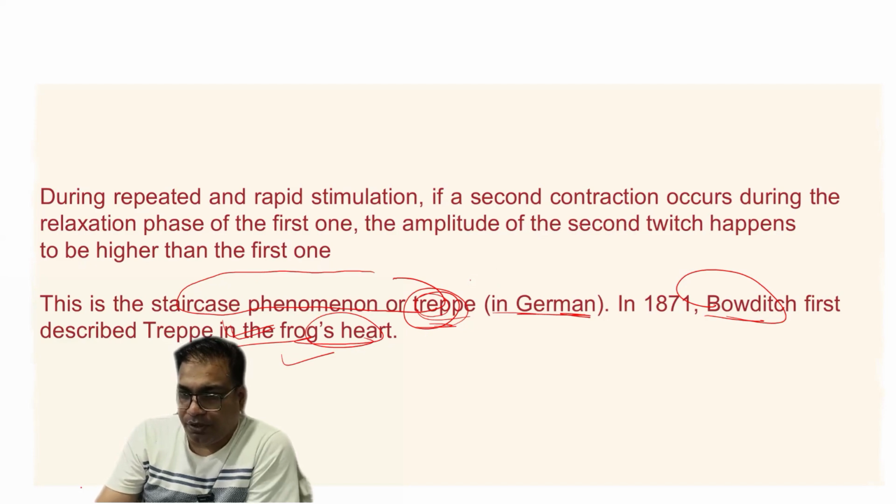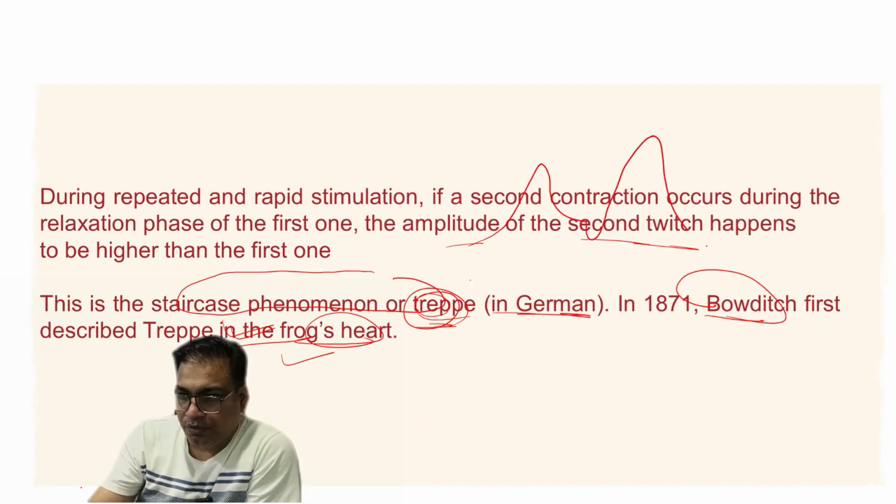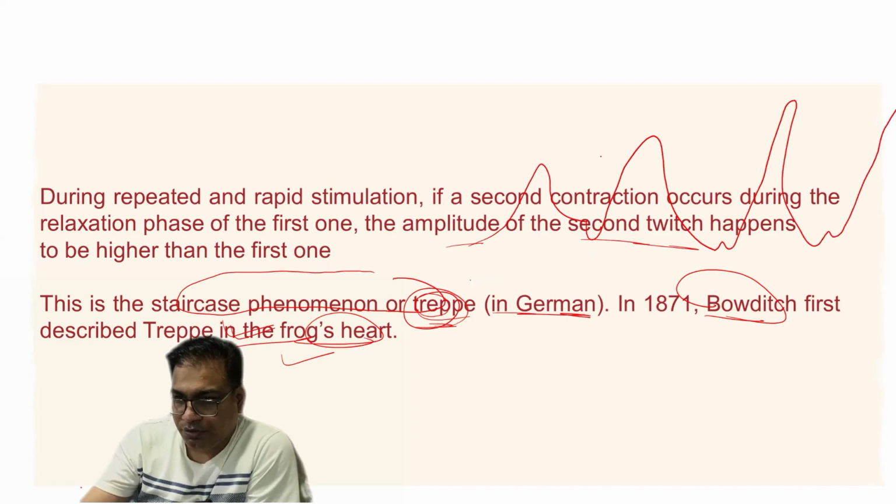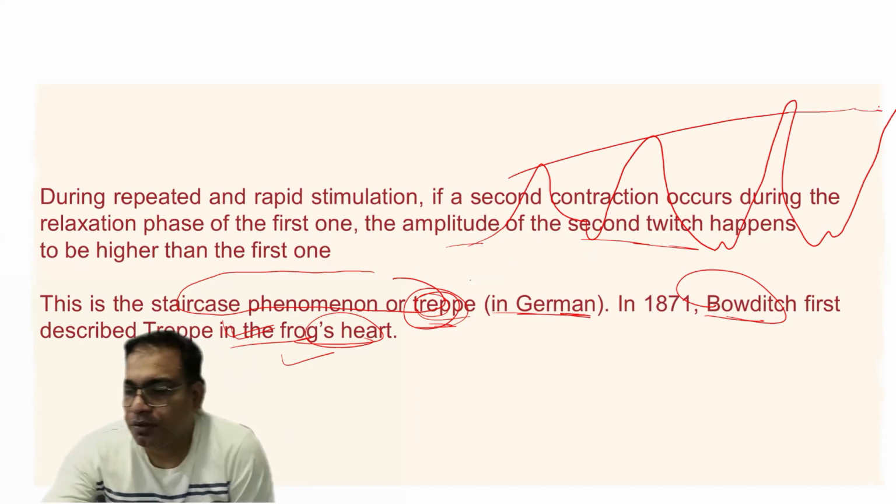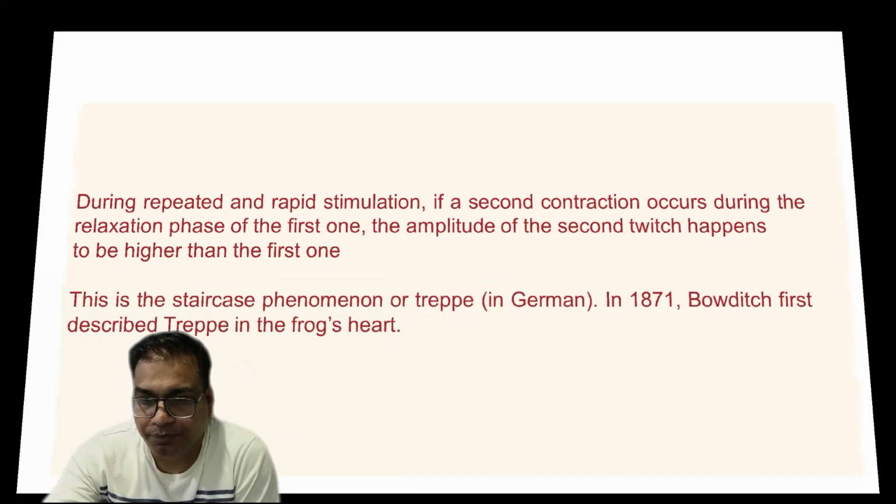When the second contraction occurs during the relaxation of the first one, the amplitude of the second contraction or twitch becomes larger than the first one. There is a formation of steps. This is the trapeze phenomena or beneficial effect.